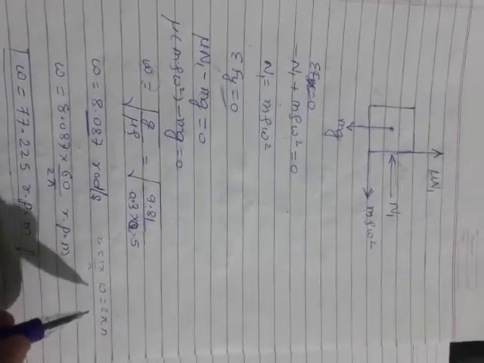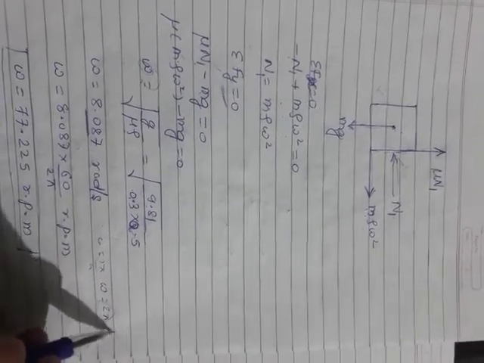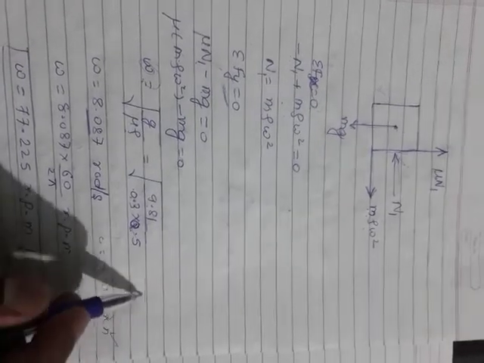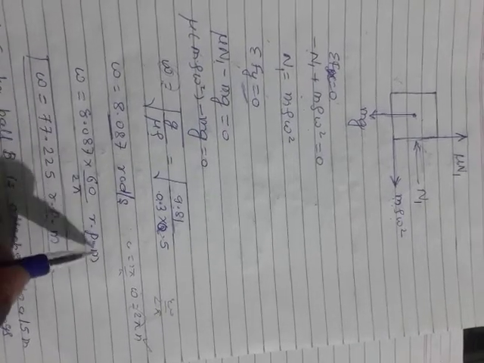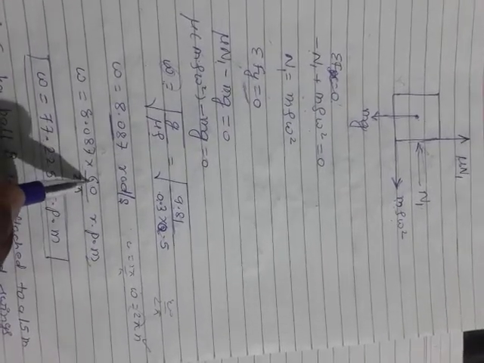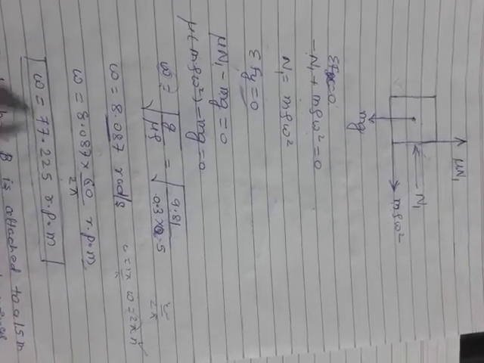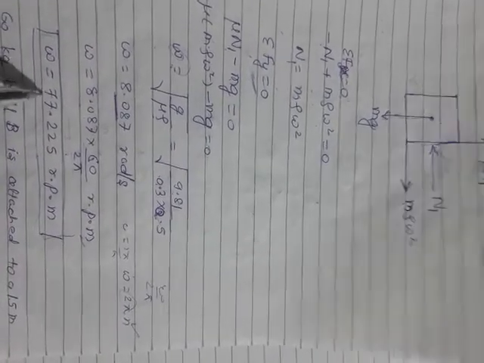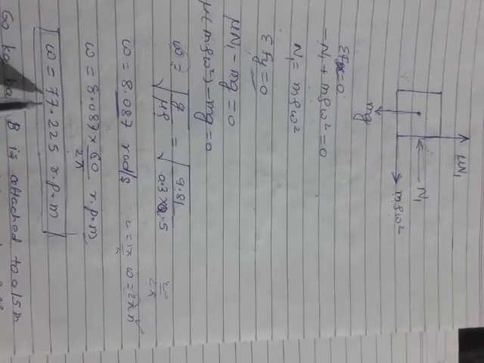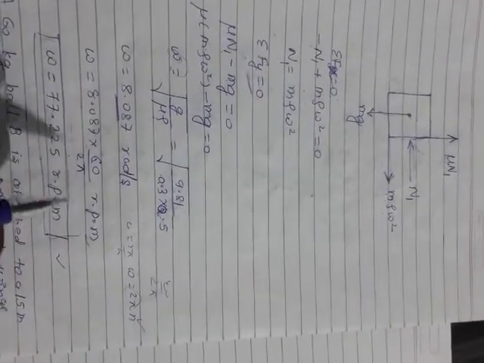So to calculate the number of revolutions per minute, n equals omega divided by 2 pi, and since it is in minutes, I multiply by 60. So I will get 8.087 into 60 divided by 2 pi. I will get the angular speed of the drum as 77.25 revolutions per minute, so that the block will not fall down the surface of the cylinder.